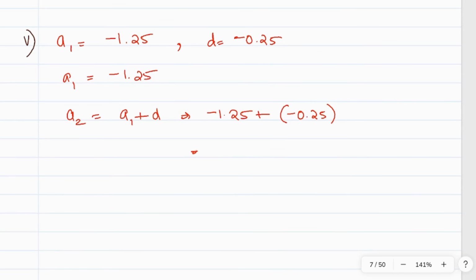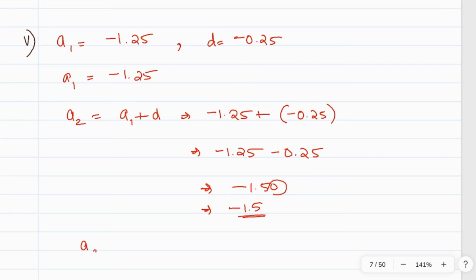So it is minus 1.25 minus 0.25. When both the signs are negative, we have to do the addition and put the negative sign, which gives minus 1.50. I can write that as minus 1.5, since the 0 in this place doesn't have any value.